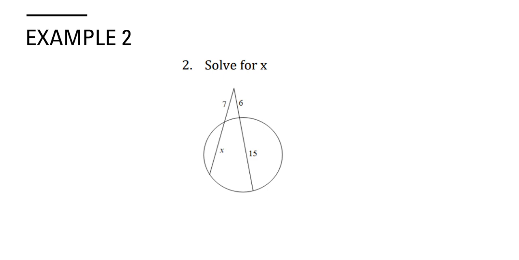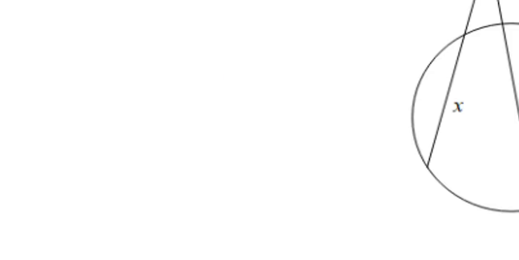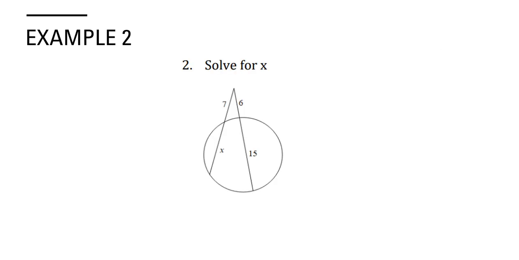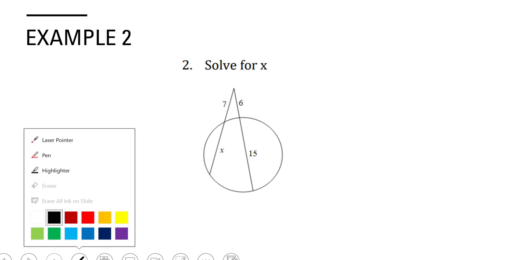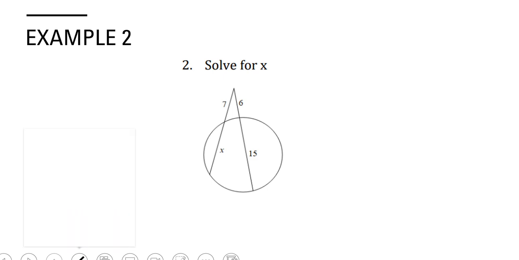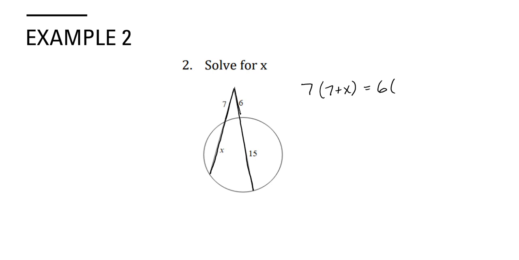And then example 2, I have 2 secant lines that are intersecting outside of the circle. And so for those ones, I'm going to do outside part times whole. So 7 is the outside part, and then the whole would be 7 plus X equals 6, and then the outside part would be 6 plus 15, which is 21.